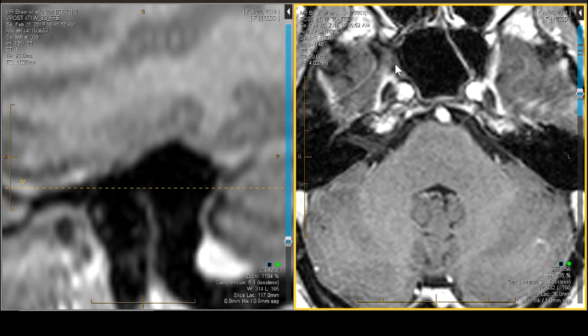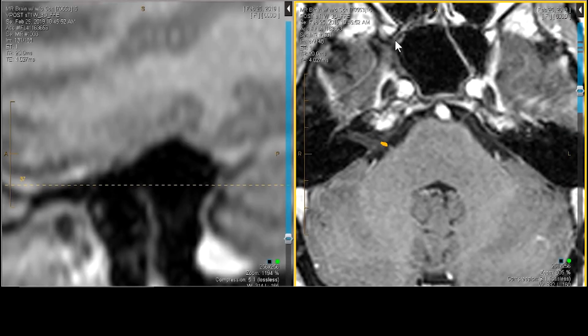Now, I want to talk about the 6 segments of the facial nerve now that I've drawn for you its basic course. The first is the intracranial cisternal segment, and that would be the segment in the cerebellopontine angle cistern. Let's put it up right here. So that would be the cisternal segment right there, right as it comes out. So that's essentially the apparent origin.